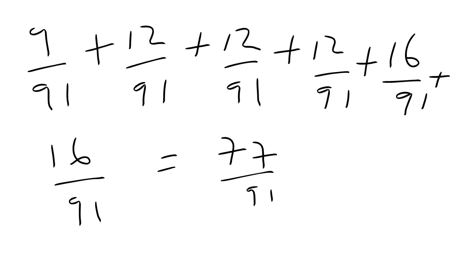Therefore, the required probability of different colors when two balls are drawn is going to be 11 over 13. And this is the final answer.